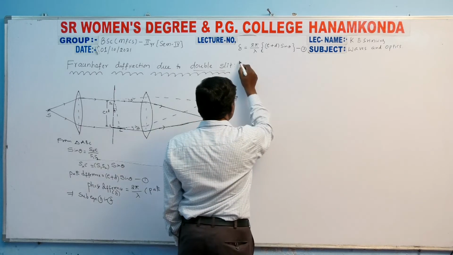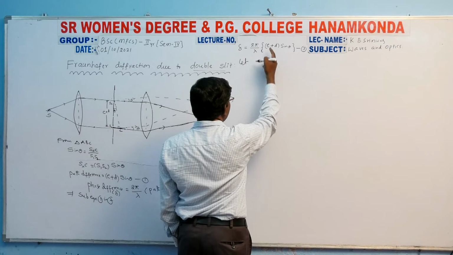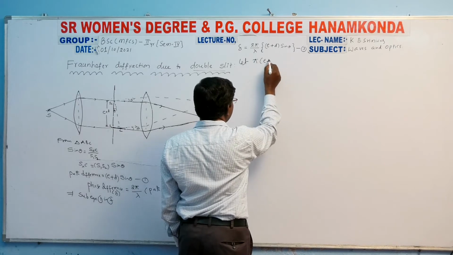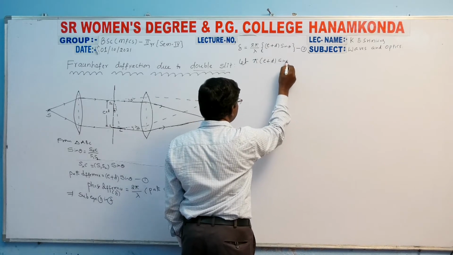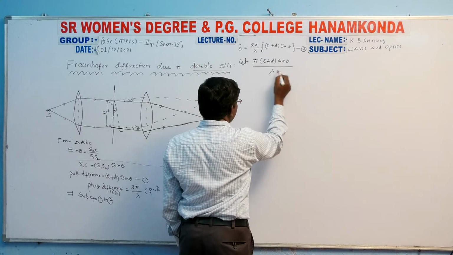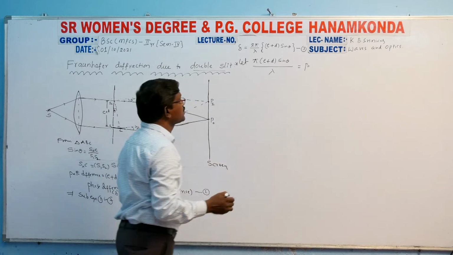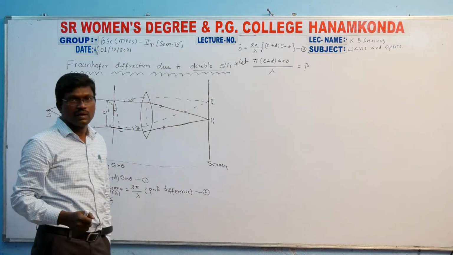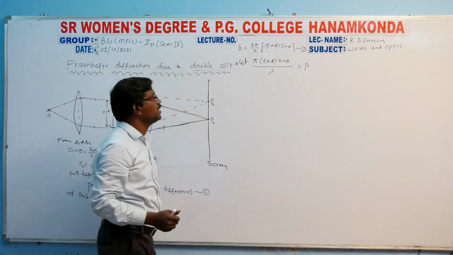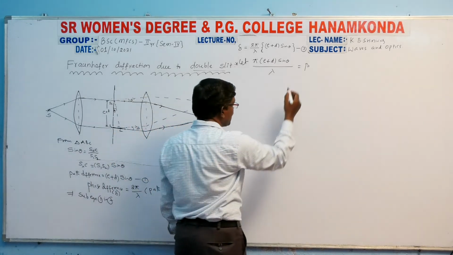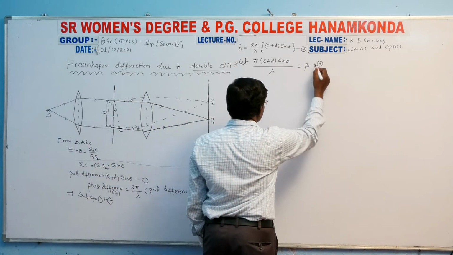Let us assume pi (e plus d) sin theta by lambda as beta. This value is also very important. So I am assuming pi (e plus d) sin theta by lambda as beta. Let this be equation number 4.